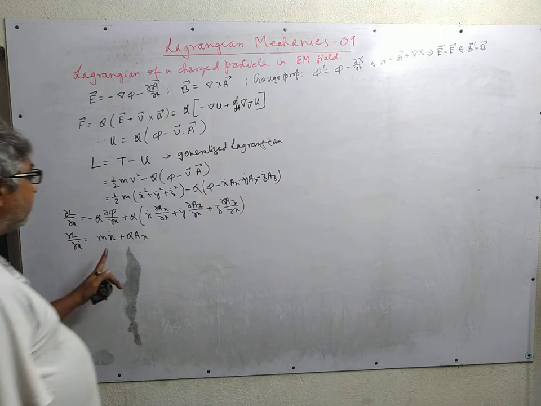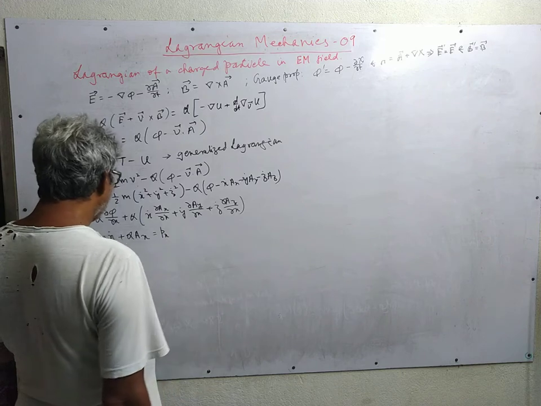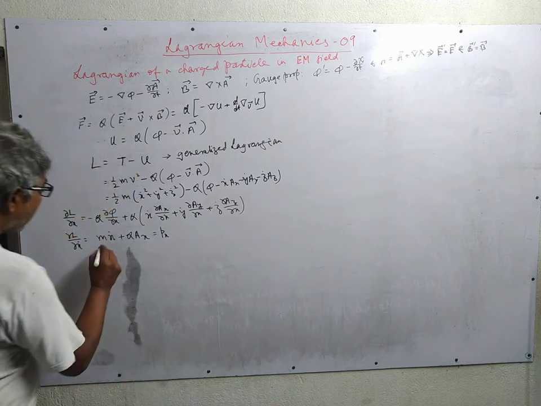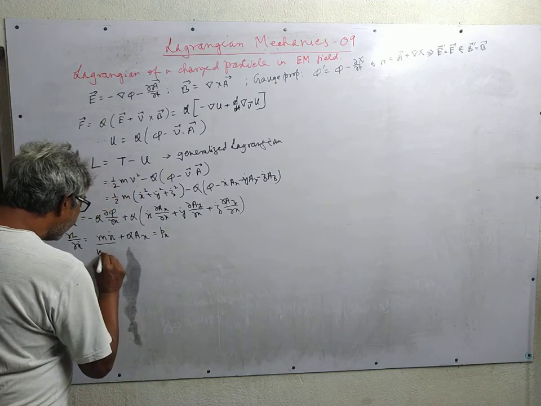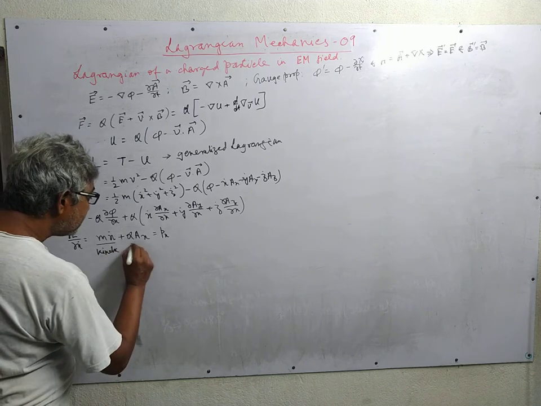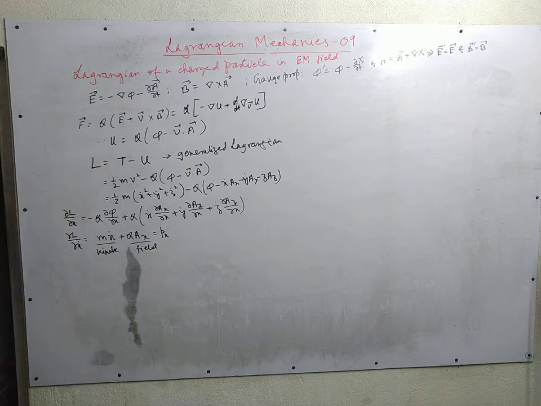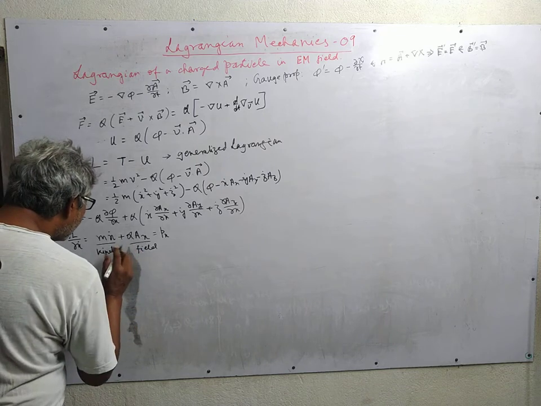If we write it in vector form, this is p_x. So this part is called the kinetic momentum, and this part is called the field momentum. This is the contribution to the momentum coming from the electromagnetic field, hence it is called field momentum, and this is the kinetic momentum.